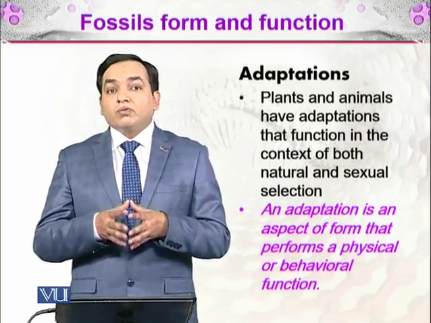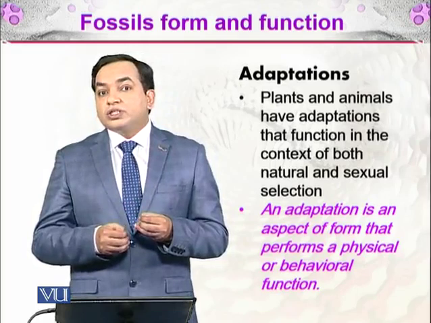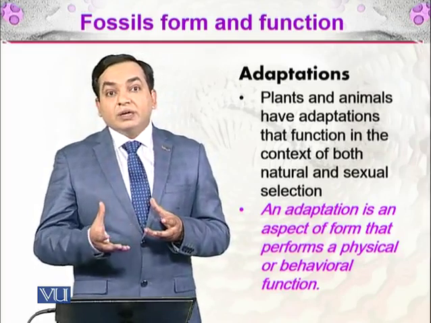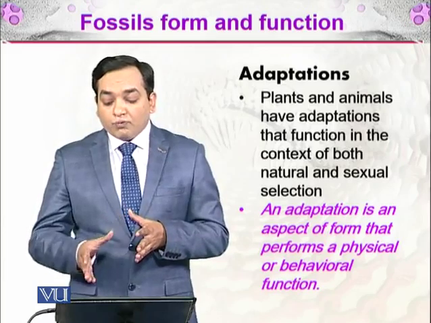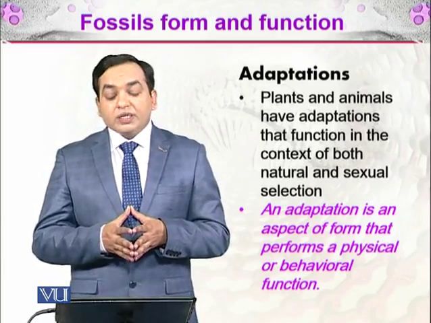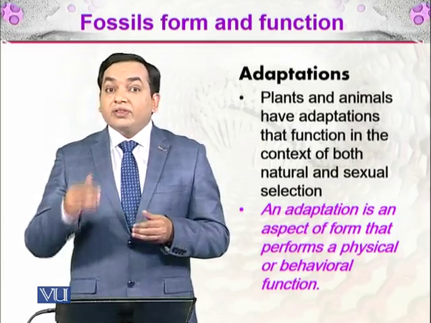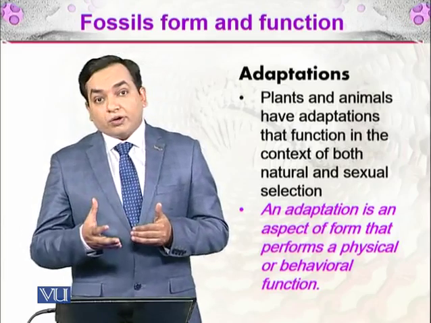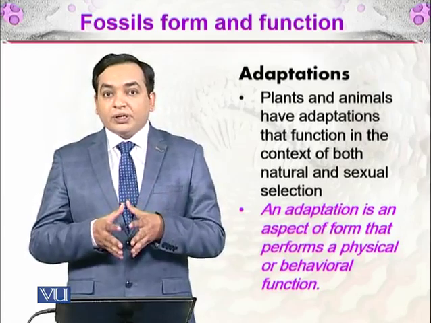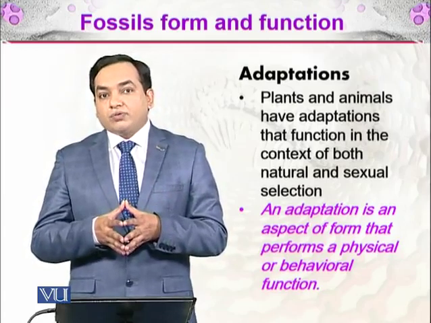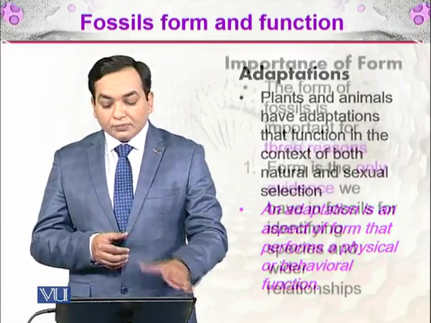We are living in a world where resources are always in limited quantity. So an adaptation is an aspect of a form that performs a physical or behavioral function, and that is good for an organism. If there is an adaptation, it will ultimately help that organism to survive.